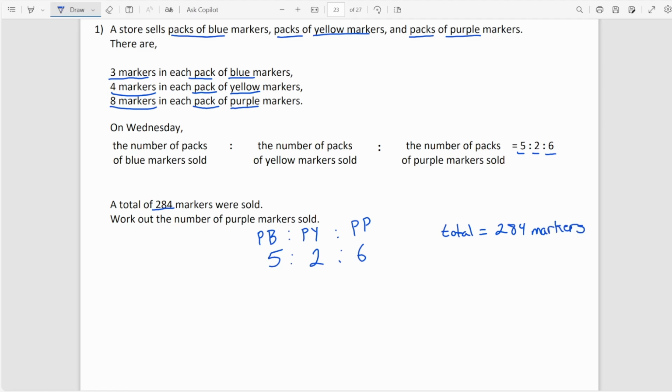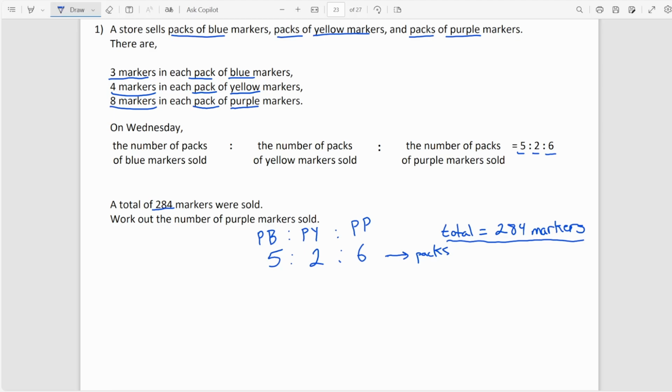Now, a lot of students might make the mistake of adding 5 plus 2 plus 6 and then dividing 284 by the result, which would be 13. Now, this is wrong because the ratio we have over here is between the packs. Okay, so this is a packs ratio, but the total isn't given as packs, it's given as markers.